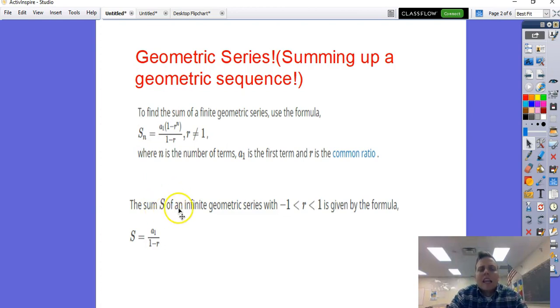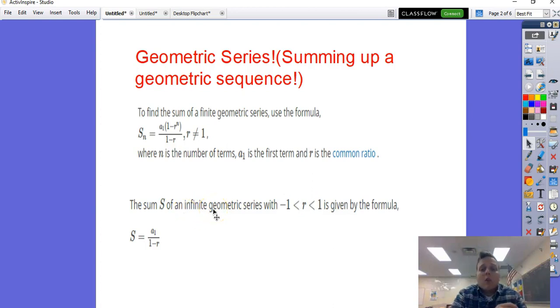Next, the sum of an infinite geometric series, assuming that r is between negative 1 and 1. Let's pause right there and discuss that real fast. If your r value is not between negative 1 and 1, you cannot find the sum of an infinite geometric series.